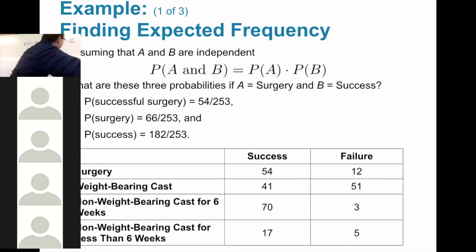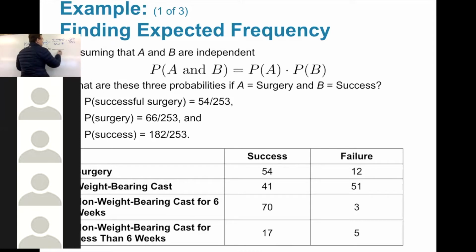Similarly, P of B, also known as the probability of a success, is going to be the total number of procedures, and then among those, how many were a success. So in this case, I'm ignoring what procedure was chosen. I just want to count how many people had successful results.